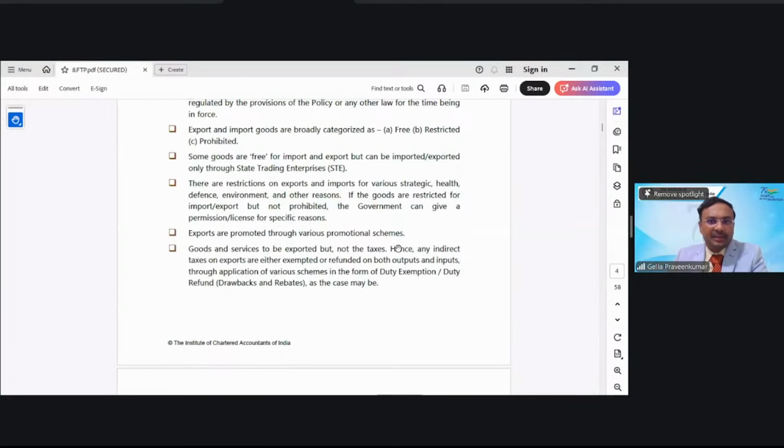Then there are restrictions on exports through various strategic considerations, like restrictions with respect to health, defense, environment. At a policy level, I can say these goods are not permissible, like defense. For instance, drones.